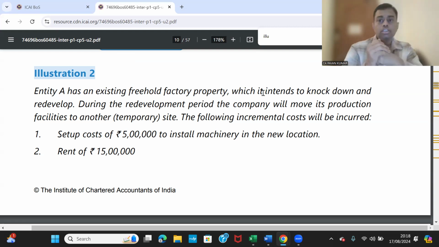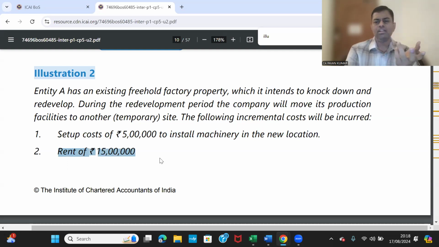You cannot stop production. So the machineries they are taking to a new site, a temporary site. For this, they are incurring cost, setup cost of machine installation of machinery. Then they are paying rent of 15 lakhs for this new location.